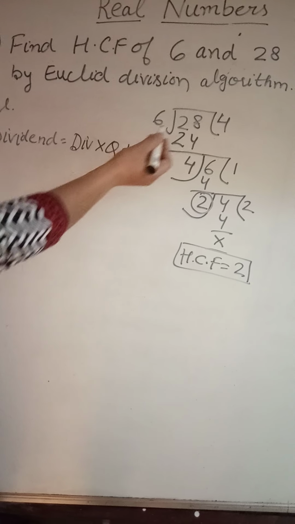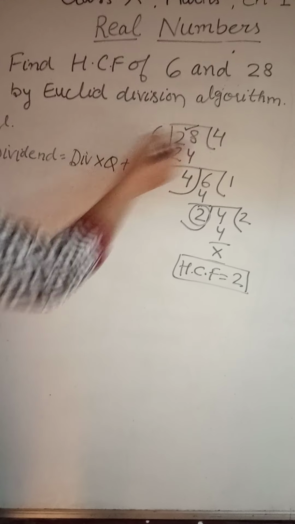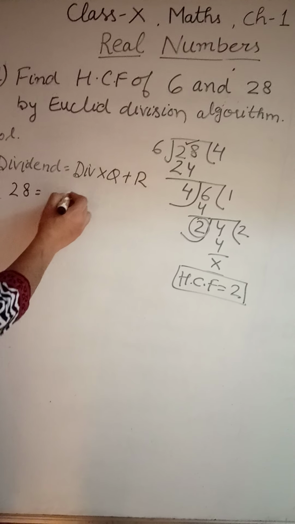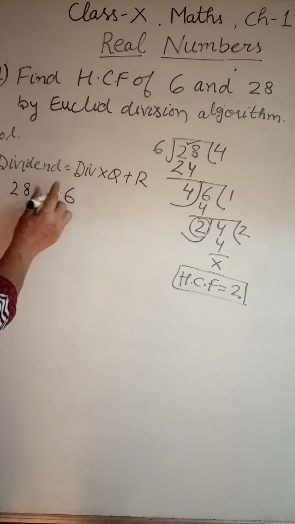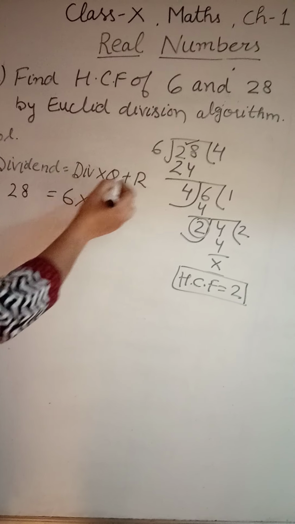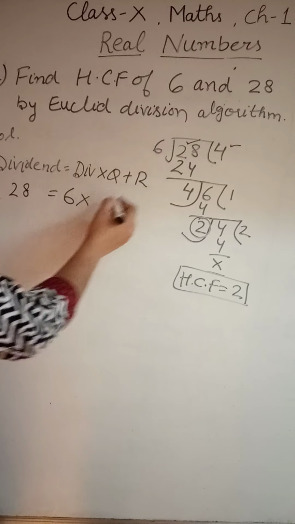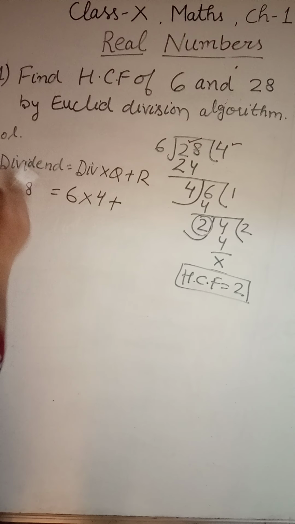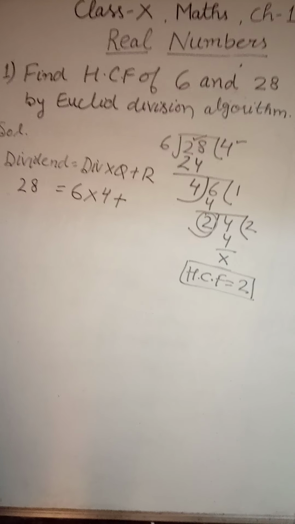So here, what is dividend? 28. Divisor by which we are dividing? 6 into quotient. What we have got in first case? 4 plus.